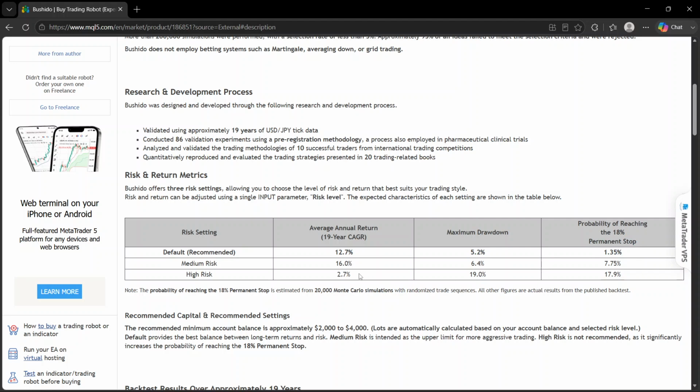Medium risk bumps the return up to 16%, with a 6.4% drawdown, and a high risk they don't actually recommend because the permanent stop gets triggered more often.